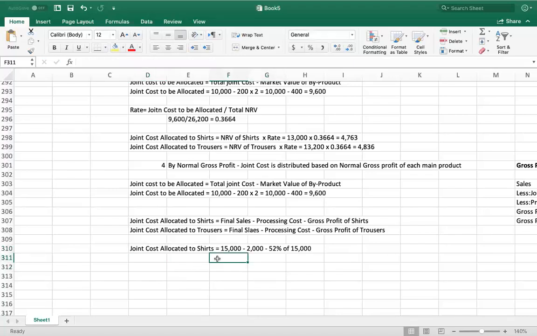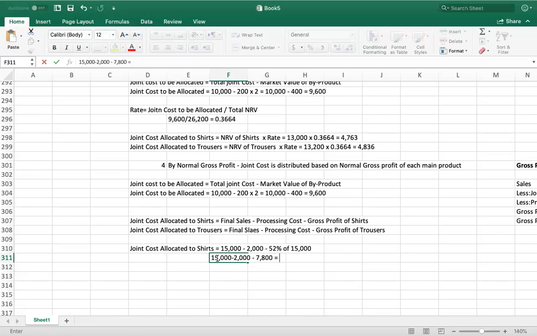Now see what the value will be. 15,000 minus 2,000 minus 52% of 15,000. 15,000 multiplied by 52% gives 7,800.